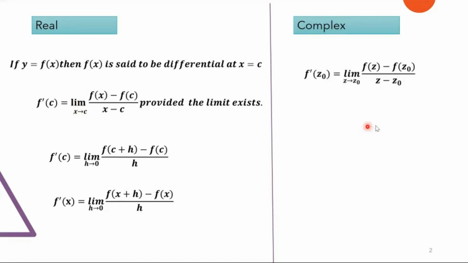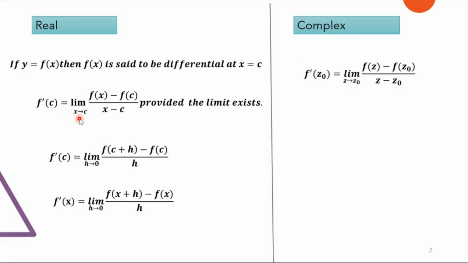Okay, but when you write in complex, z tending to z naught, मतलब z is a function of x and y. So you will not have only along the x-axis or along the y-axis, you will have along any curve. So कोई भी curve से z approaches z naught, this limit has to be a unique limit, then only f dash of z exists. याद रखना है. Z tends to z naught along any curve.